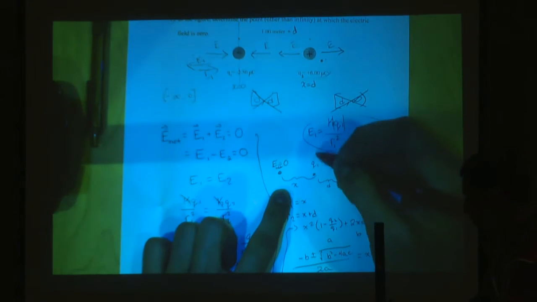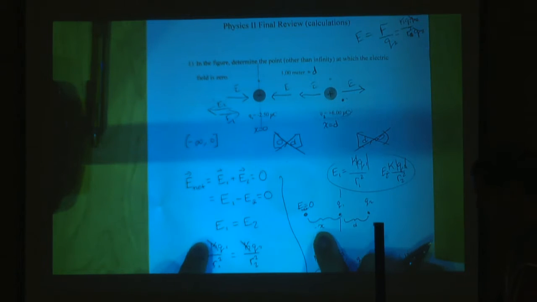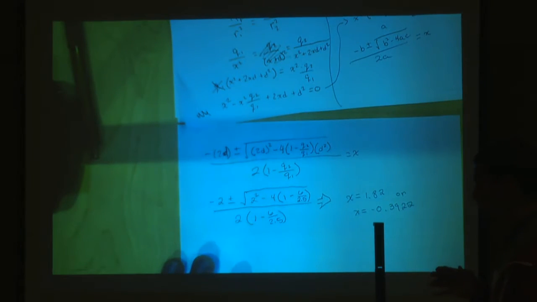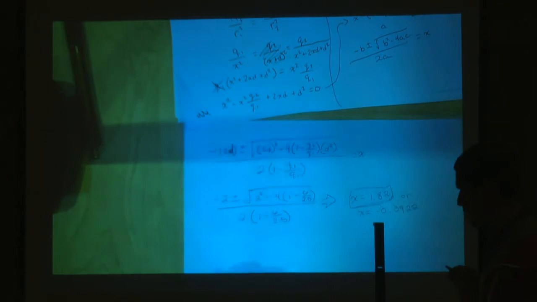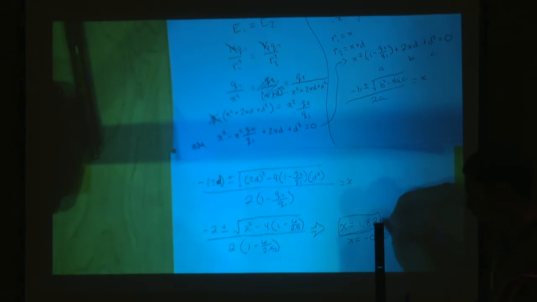If we were to say this is y equals 0, x equals 0 here, and we plugged in negative x right here, and thus instead we had x minus d in this one, then we'd use our negative number. But since we already accounted for it being some distance to the left, it's going to be our positive number. Because if we were to use our negative number, that'd be like saying some distance in between the two, which is not true. So it's going to be x equals 1.82 meters to the left.